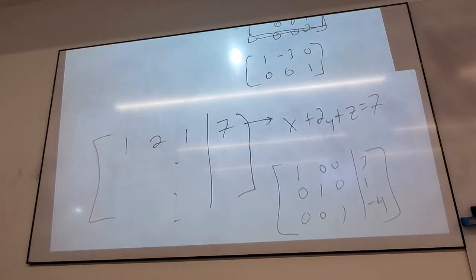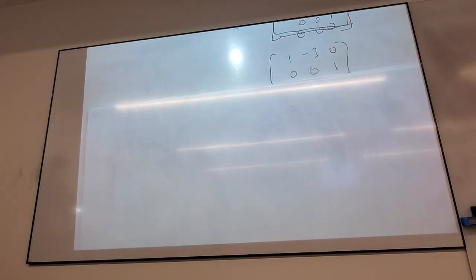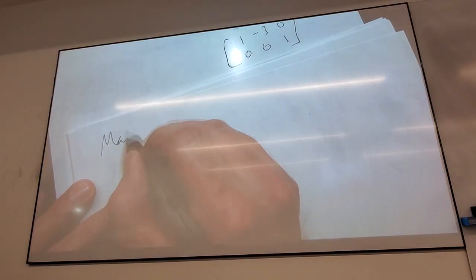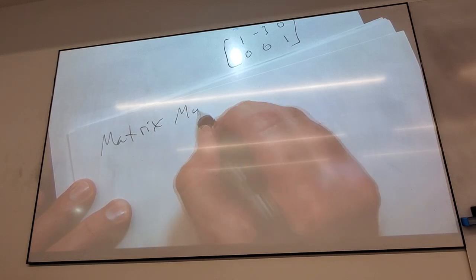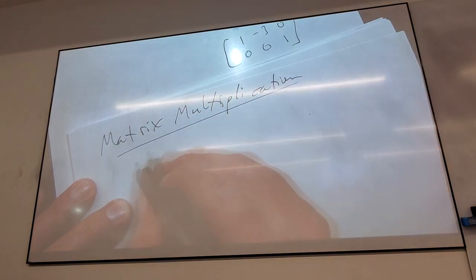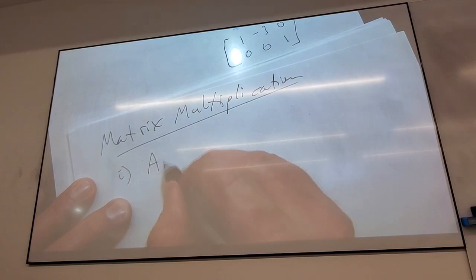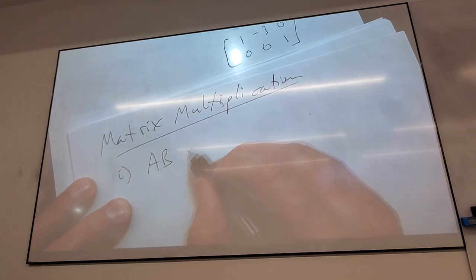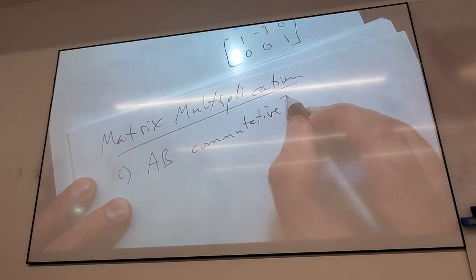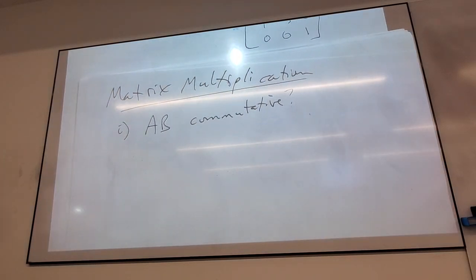Couple little side notes about matrix multiplication. I'm pretty sure I said this before, but just to be certain, is matrix multiplication commutative?